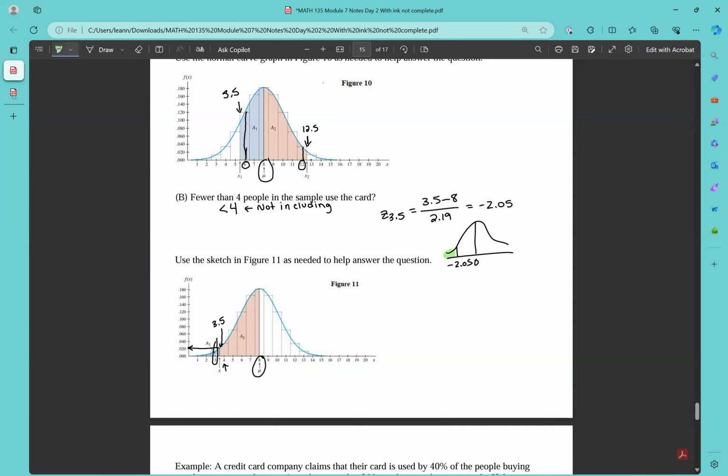We want to do half of the bell curve, which is 0.5, minus the table value, gives you that little tail on that one side. Now, we already looked up 2.05 just a second ago. We just had a positive version of it. It was an area of 0.4798. So this is 0.5 minus 0.4798, which equals 0.0202.